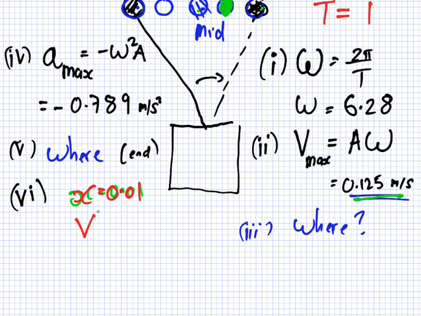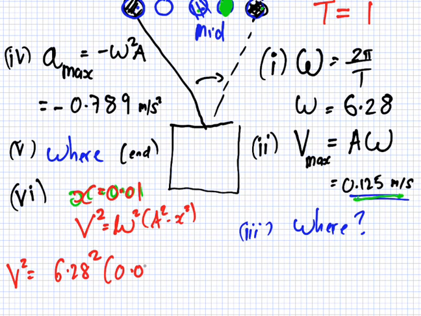Oh, well, I'll do it. So the formula is v squared equals omega squared times a squared minus x squared. So v squared equals, what was the omega? Oh, there it is, 6.28 squared, 0.02 squared, minus 0.01 squared, and then I want the v, so I'll just do a big square root.